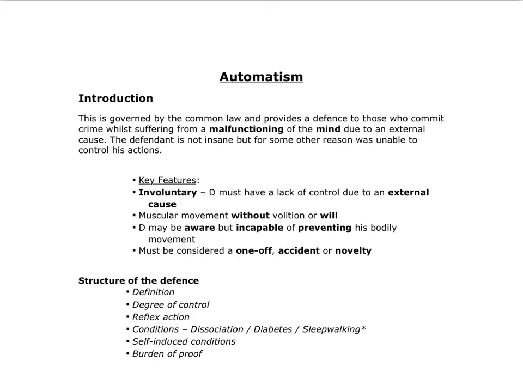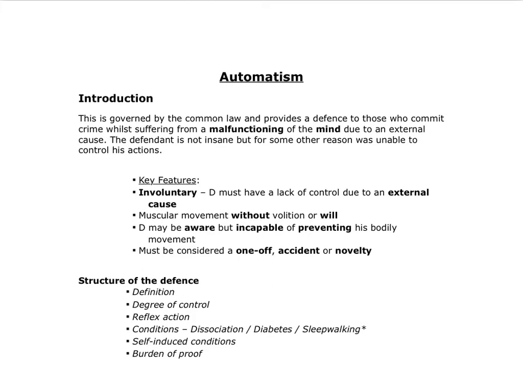So, automatism then, or non-insane automatism. This is something that's been governed by the common law, so Parliament have never looked at this defence, and it can provide a defence to people who commit crimes while suffering from a malfunctioning of the mind.